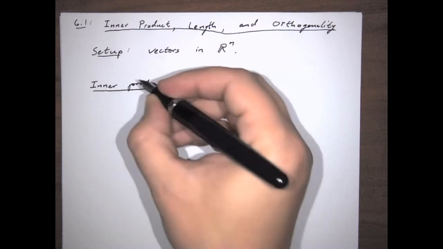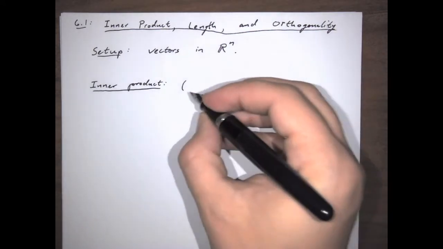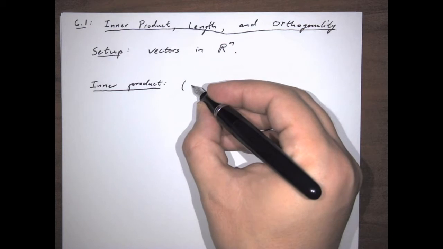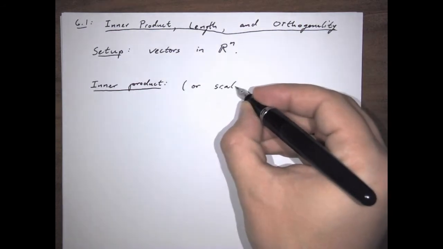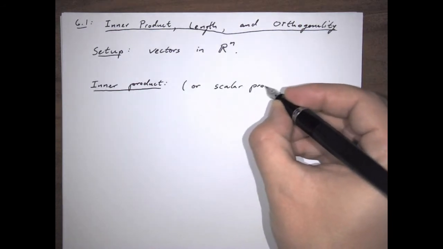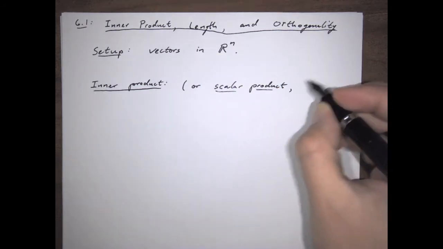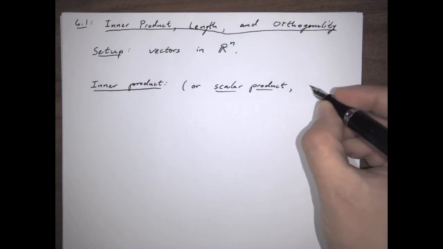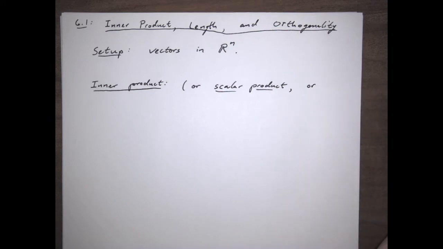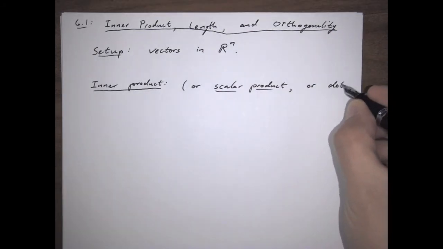So the inner product, that's sort of the most technical name for it. The slightly less technical name for it, although still pretty technical, is the scalar product. But there's one name that's even more informal and even more common, and that would be the dot product.